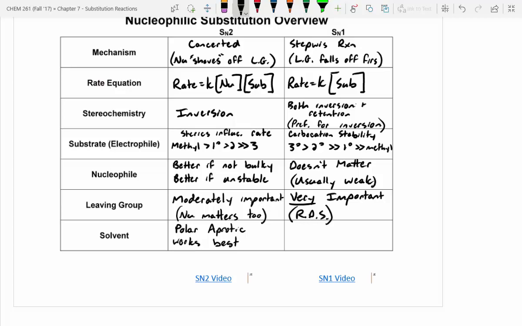That means your nucleophile is less stable and more likely to attack the carbon it needs to attack, right? With SN1, we said polar protic is better. And remind me again why polar protic is better for SN1? It helps the leaving group fall off, exactly.